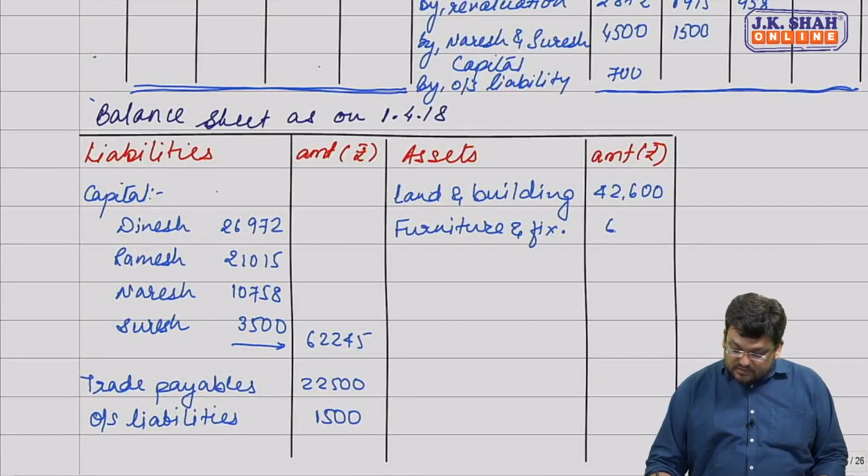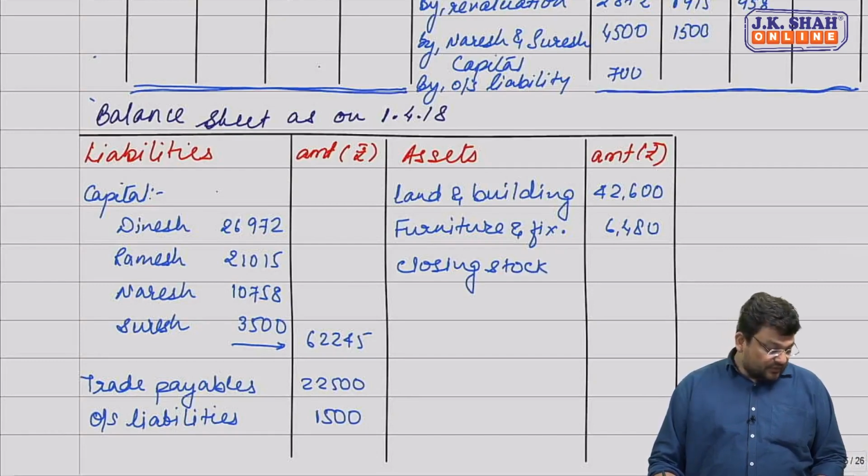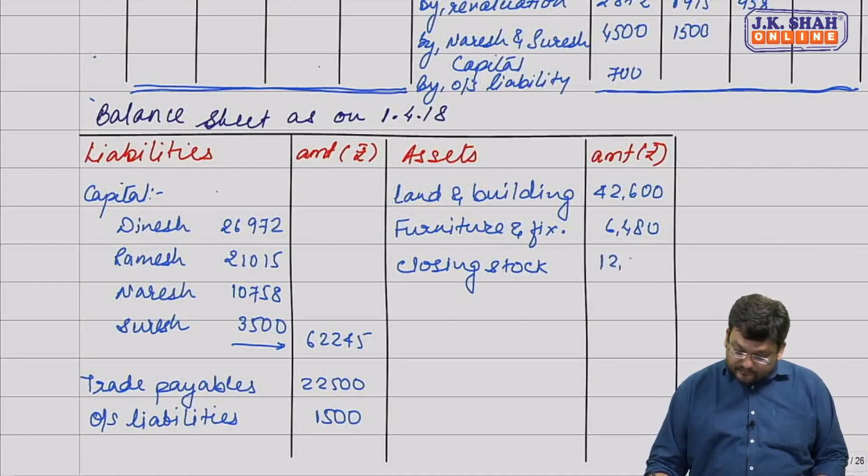Furniture and fixtures 6,480. Stock, closing stock. Value of closing stock is unchanged, will remain at 12,600.